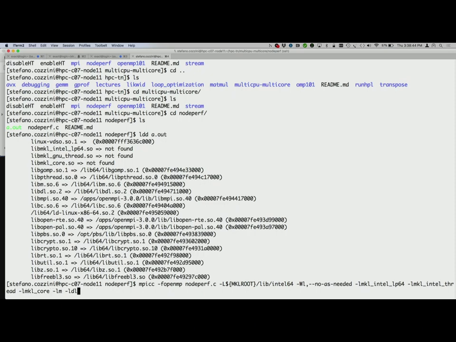Yeah, this is the way we compiled the code. So, mpicc node_perf, then I linked the Intel Math Kernel Library that we discussed before in this way, actually in another way. Let me see.